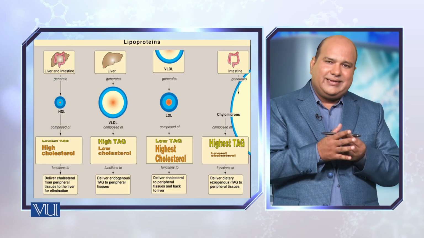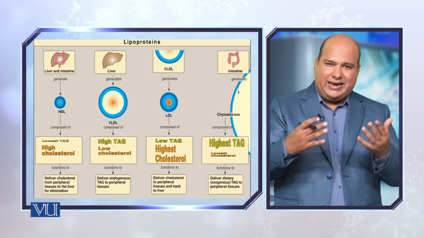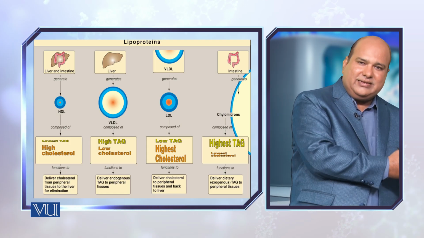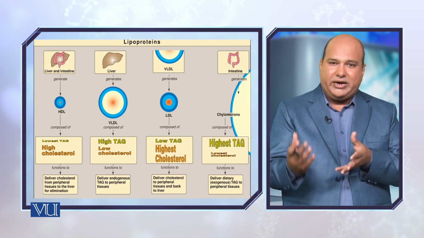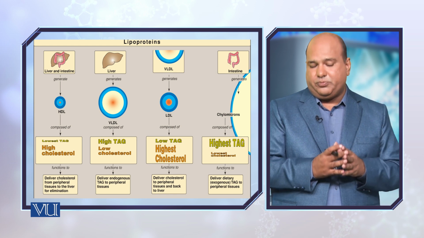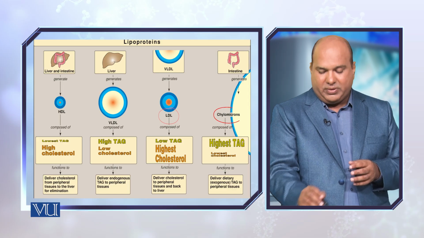Finally, we have to transport all types of lipids, and there is a dilemma: lipids cannot move easily through blood because they are mostly hydrophobic in nature. That's why they have to be carried by proteins known as lipoproteins. There are HDLs, VLDLs, LDLs, and chylomicrons.